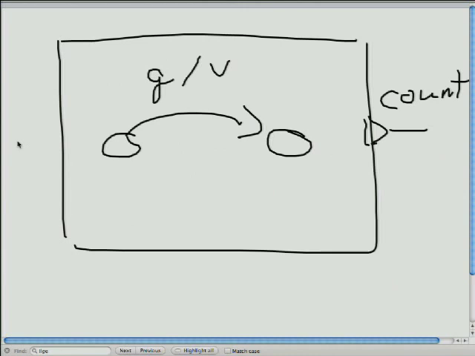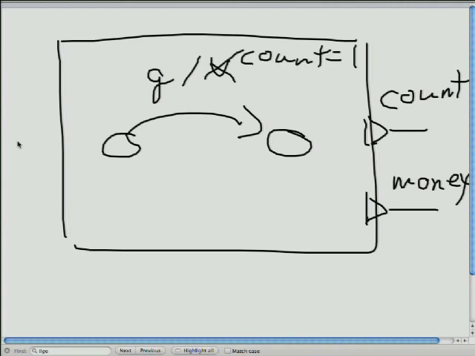So it might produce an output count and an output, how much money it's collected. Okay? In which case you need to modify this and you need to say which output is taking which value. So count is getting some value, say 1, and money is getting 2, if it costs you $2 to park there or something like that, right? So you can augment this by being explicit about which output you're talking about. All right. But if there's only one output, then we don't bother naming it on the transition.